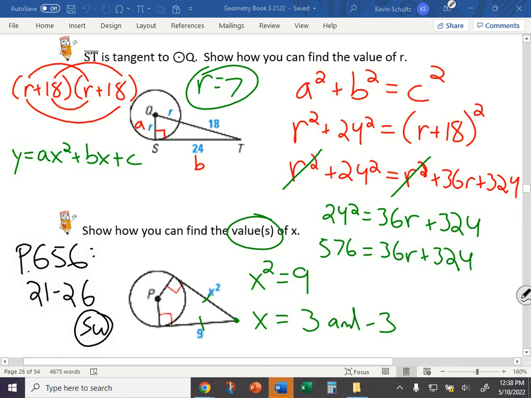If you need to use the quadratic formula, hint, hint, you'll need to use the quadratic formula. If you do, here it is: negative b plus or minus the root of b squared minus 4ac, all divided by 2a.